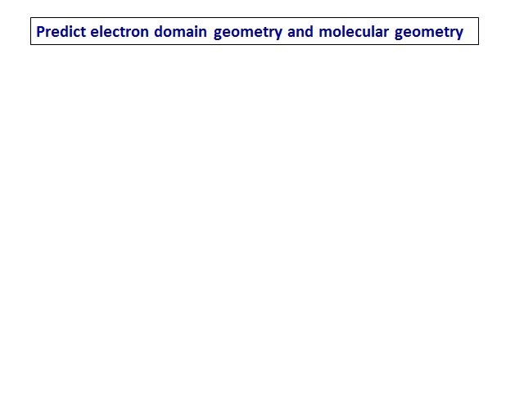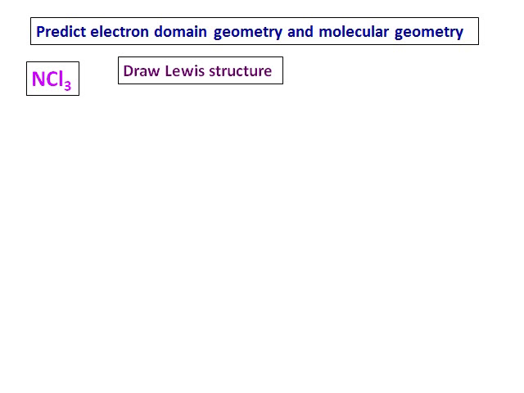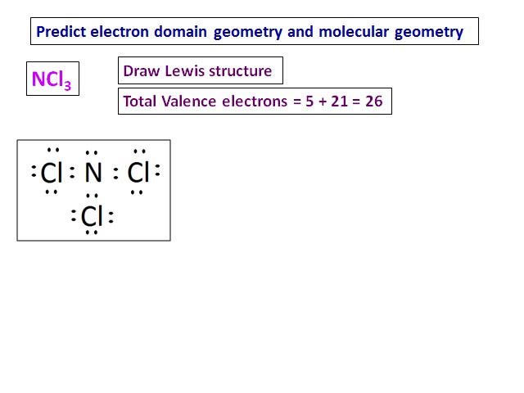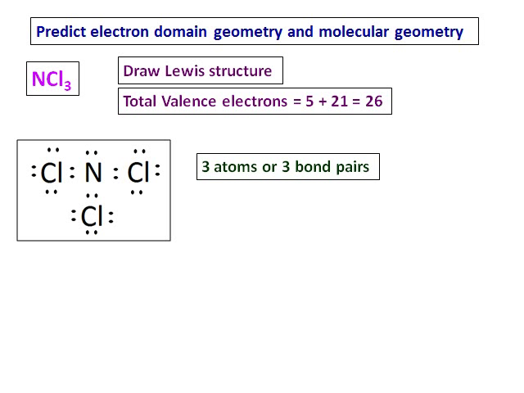Let's predict the electron domain and the molecular geometry for some molecules. The first one is NCl3. The first thing we do is draw the Lewis structure. In order to draw the Lewis structure, we need to count the valence electrons. Total valence electrons is 5 from nitrogen and 3 times 7 from chlorine, so that is 26. Write the central atom and then the chlorine around it.